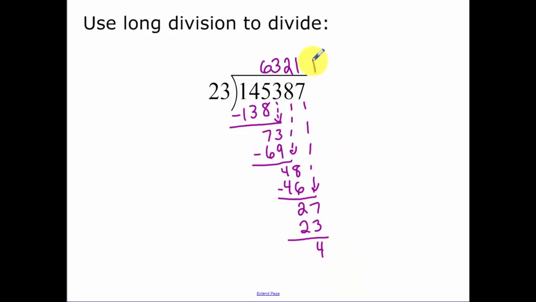So my remainder is 4. So how you would write that as a mixed number, your remainder, which is 4, over 23. So your remainder over what you divided into.